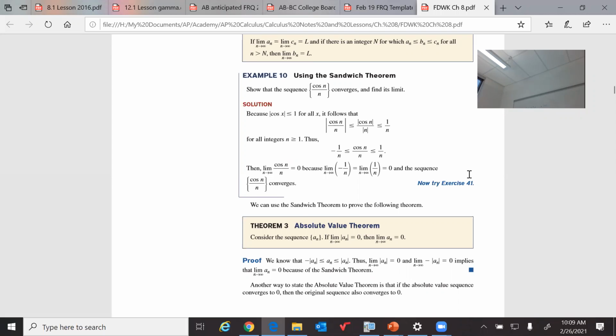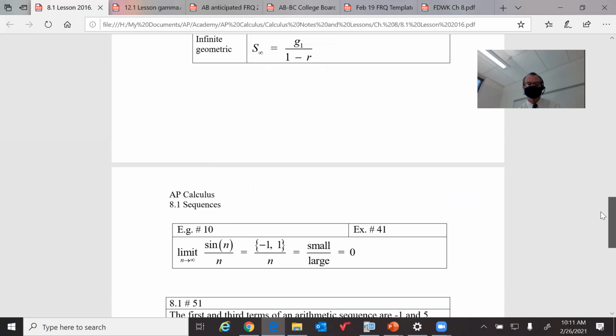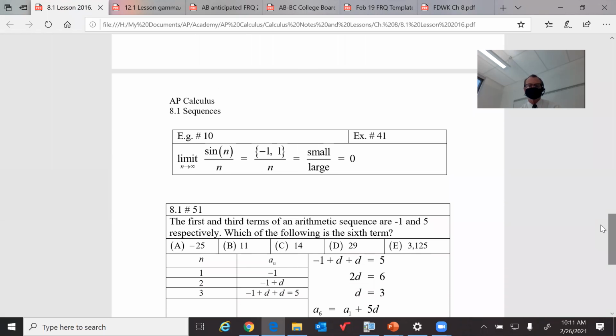Go to 41. If it's going to a number, it doesn't have to be 0. If it's going to a number, then it converges. Okay, so for 41, same thing. It's the sine instead of the cosine. So it's only going between -1 and 1. The denominator is growing without bound. Small over large equals 0. Ready? It's the limit.